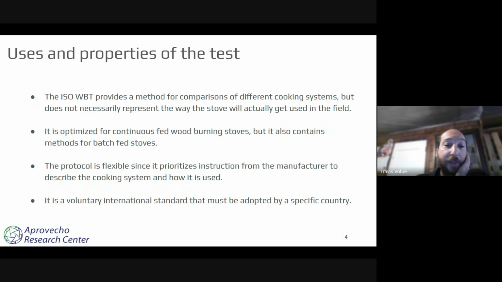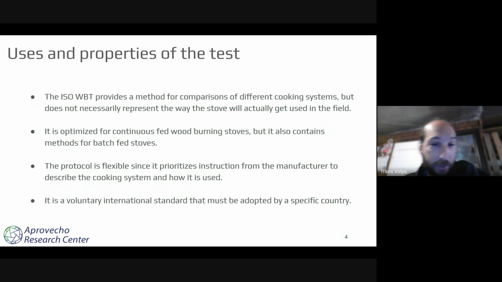The test is optimized for continuous fed wood burning stoves, so rocket stoves, firewood stoves, but it does contain methods for batch fed stoves such as charcoal or pellet stoves like TLUDs.